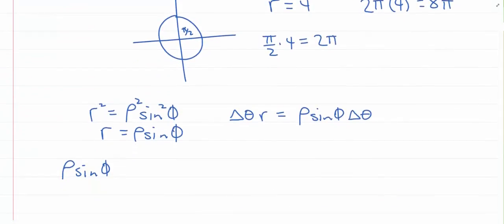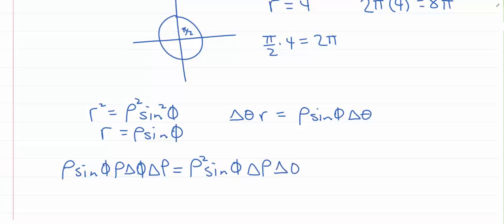Now, if we put that together, look what you get: rho squared sine phi delta rho, delta phi, and delta theta.